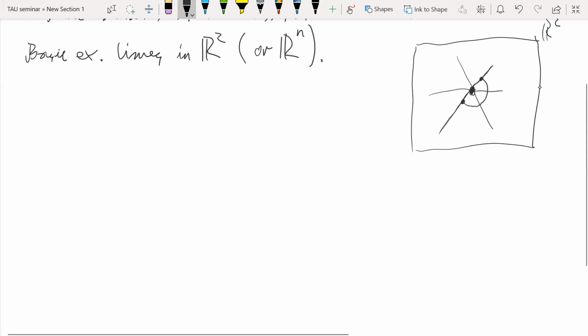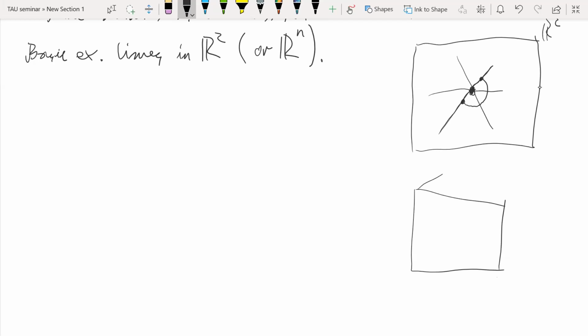If we were to be in three dimensions, so say we are now in R3, this is a very bad cube, then something similar we can do is instead of a circle, we can consider a sphere or a half sphere contained in this space around the origin.